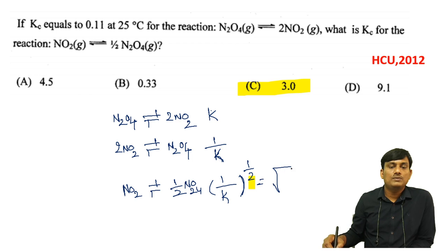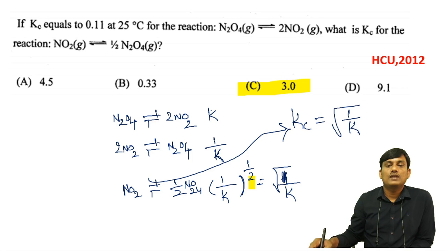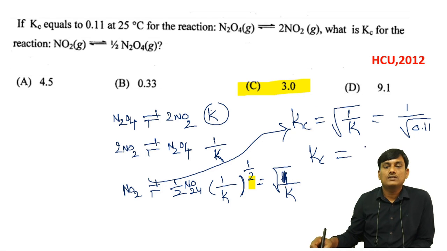So it will be root of 1 by K. So Kc for this reaction is equal to root over 1 by K, where K is the equilibrium constant given as 0.11, so 1 by root over 0.11. After simplification, you will get 3.0.